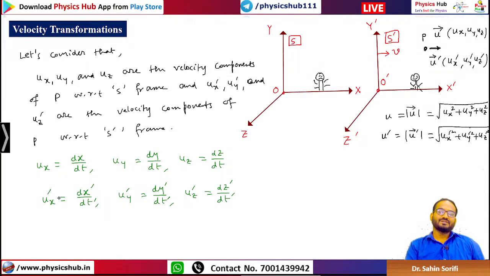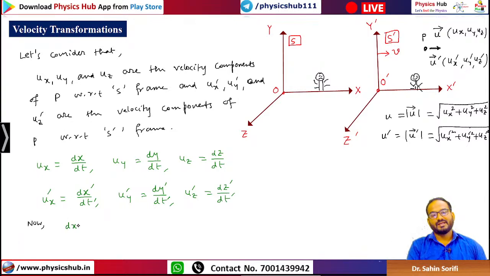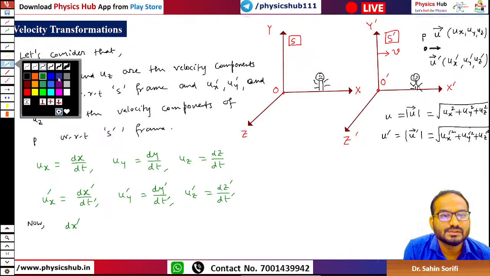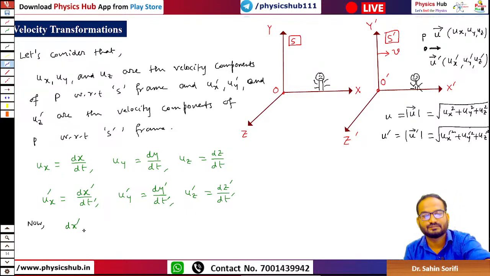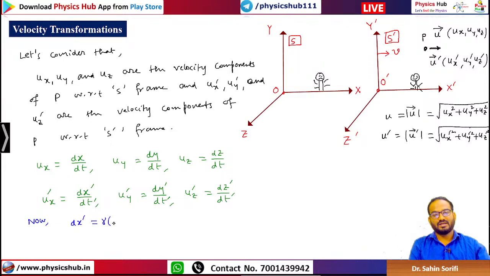So ux prime is equal to dx prime by dt prime. Let's focus on the first one. So we can write, what is this dx prime? You know, gamma times dx minus v dt.